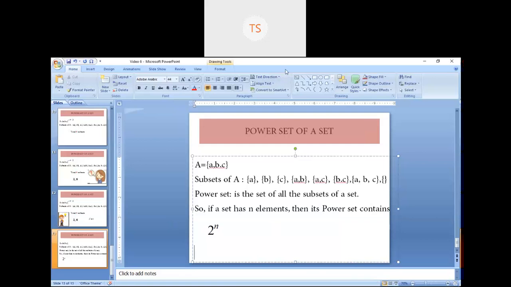Are you clear? All of you, yes, clear? Yes, ma'am. See, if you have any doubt in any concept, please let me know. We will discuss. Otherwise, if in one chapter you have two doubts, in the next chapter you have three doubts, then there will be more doubts than the concept.